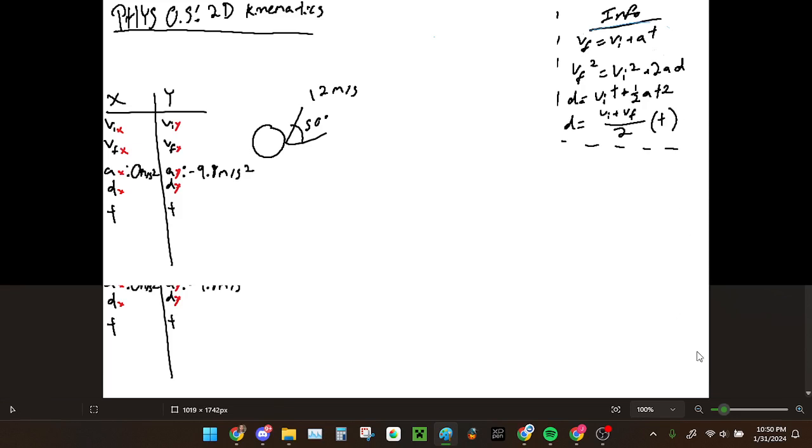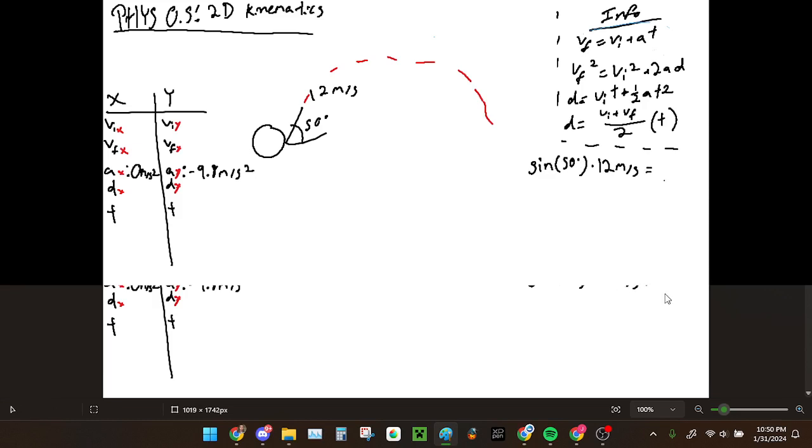Alright, so let's get to finding the initial velocity components x and y. Let's start with y because it will tie in a little later. We can do this by doing sine 50 degrees times the 12 meters per second we were given.